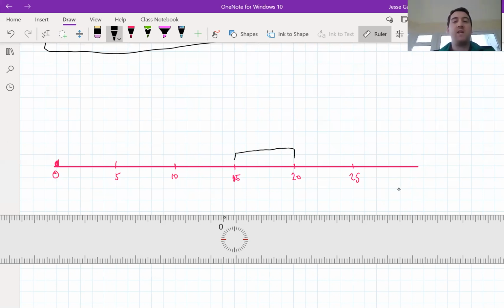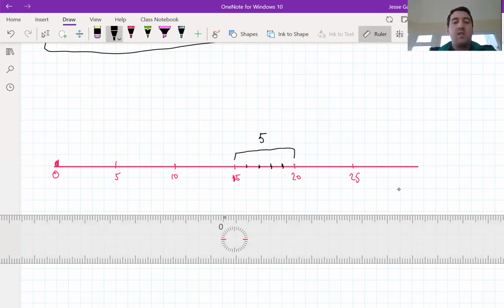To go from 15 to 20, it's gone up by 5. And we want to find out what each of these little lines is worth. That's how a scale works. Even though each little line here is not shown its value, because otherwise it would take too long to write every single number, we still need to be able to work out what each of those little points would be.